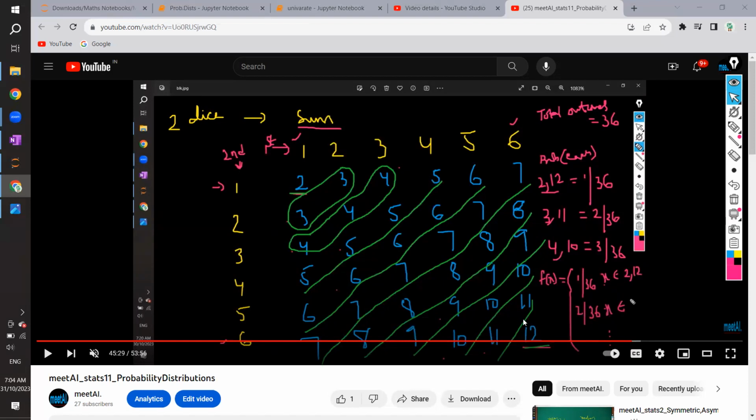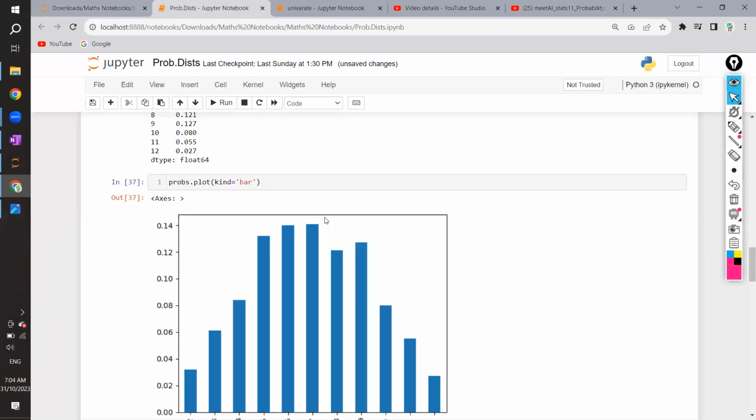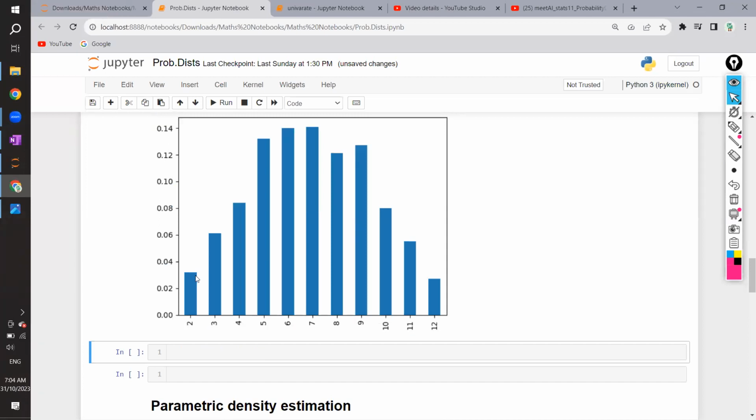Why? 3 and 11 are occurring 2 times. 4 and 10 are occurring 3 times, that's why it will be 3 by 36. What is the probability of 2 and 12? 1 by 36. How much is 1 by 36?